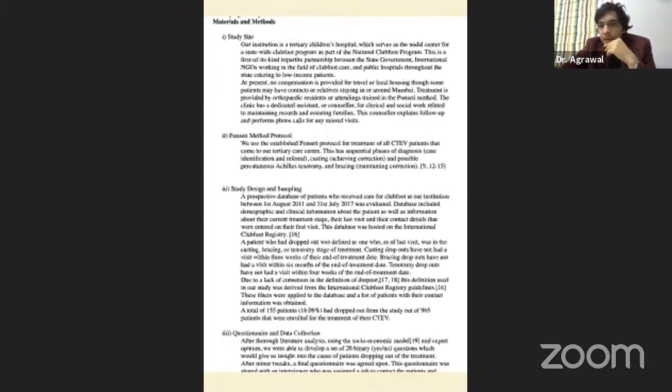You see how I've divided my whole methodology section into different parts, so that I myself am oriented as to what parts I'm missing out on and what parts I need to add on, and it allows the reader also to know exactly what's going on in every paragraph.